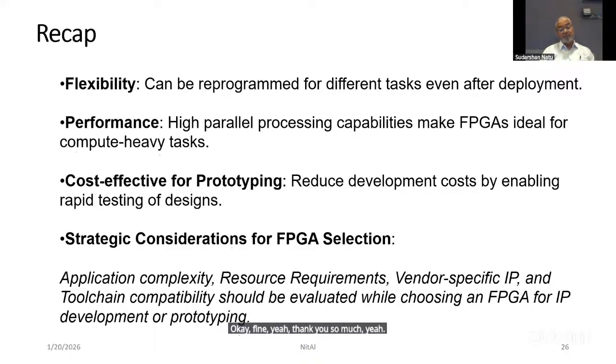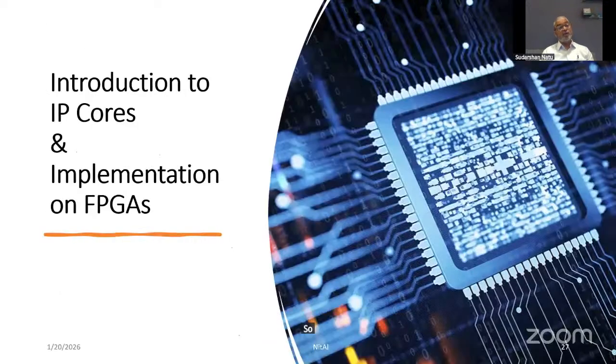Yeah. So this is the basic thing you need to do as a consideration. So let's look at an introduction to IP cores and implementation on FPGA, because this is an important aspect of designing.